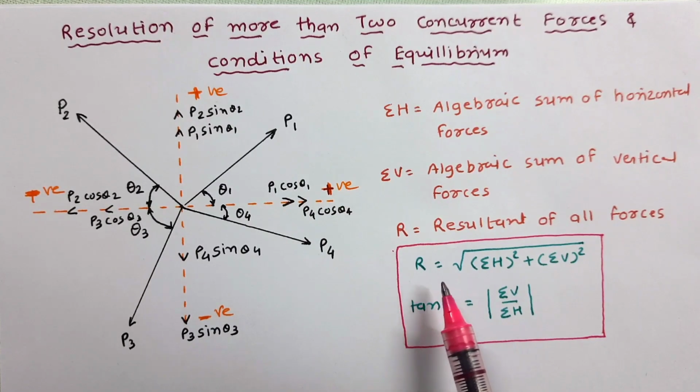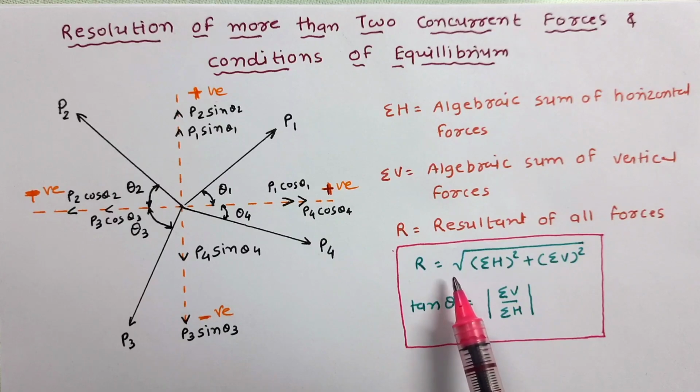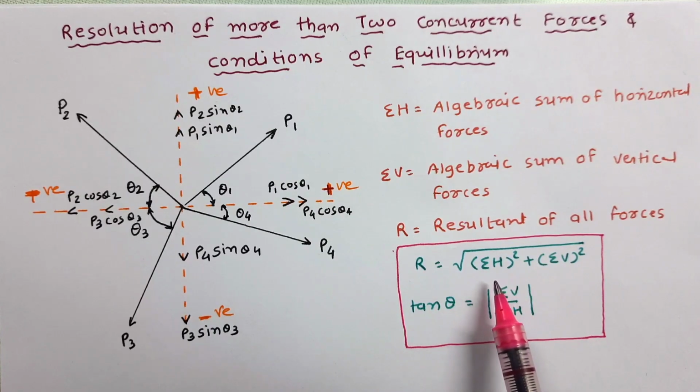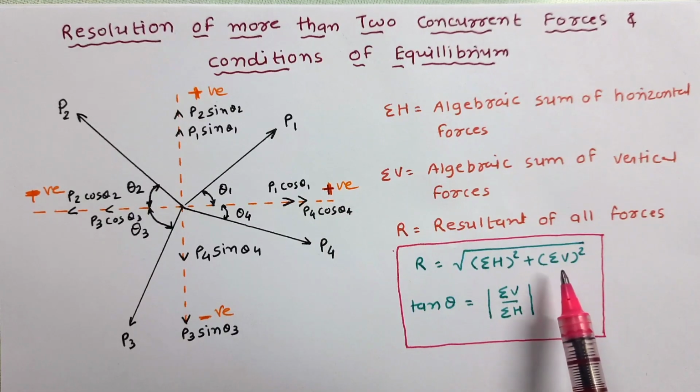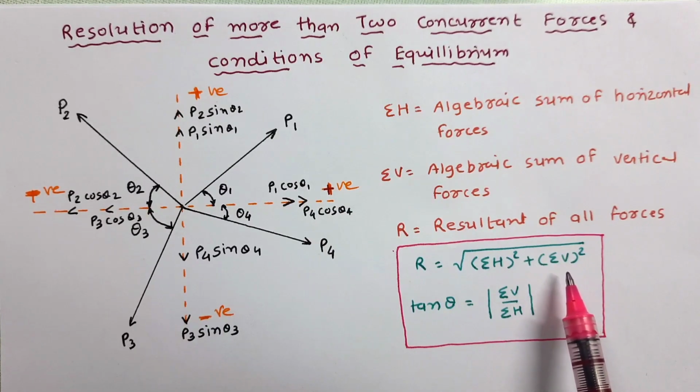Magnitude of resultant R can be obtained as under root of square of summation of all horizontal forces plus square of summation of all vertical forces.